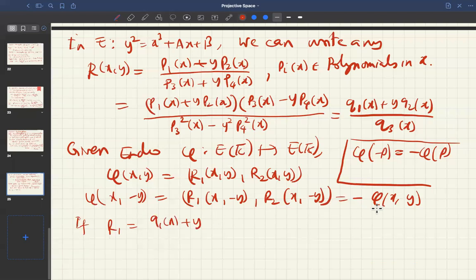Minus of this means minus of R1(x, y), minus of R2(x, y). So basically these two are equal. So R1 of (x, minus y) is the same as R1 of (x, minus y).